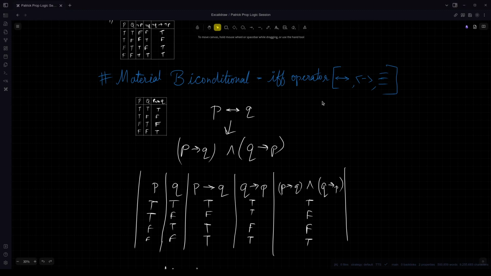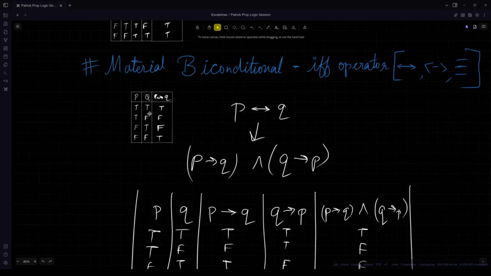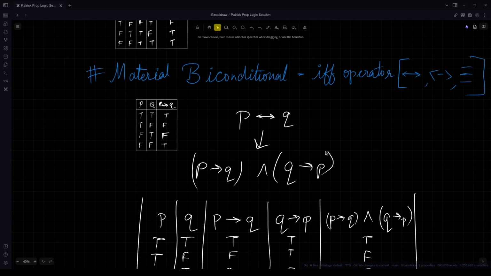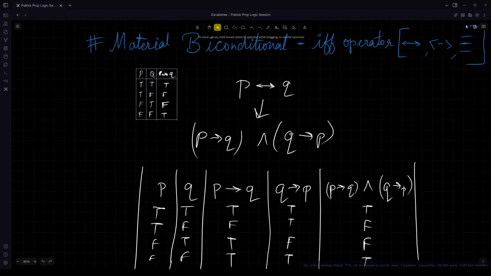In the truth table, the operator is true when both of the variables have the same truth value. So when they're both true, it's true. When they're both false, it's true. So it's basically representing that it's true when P and Q are the same.